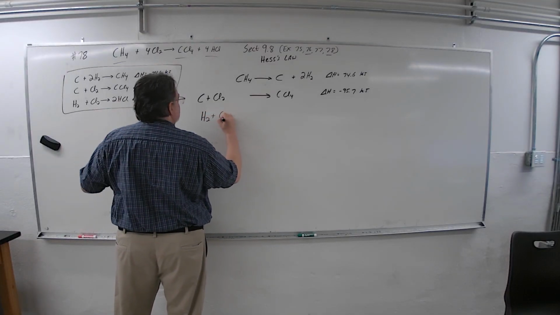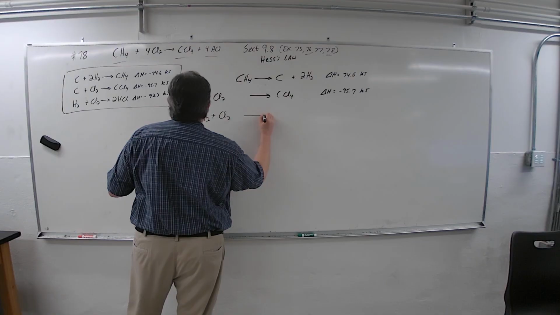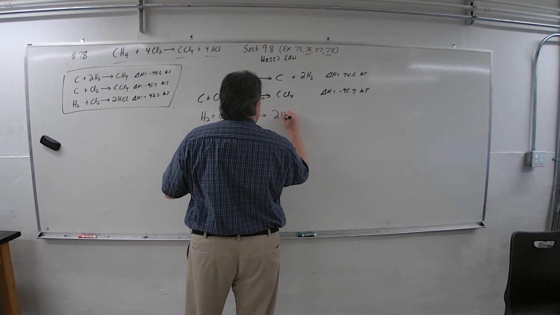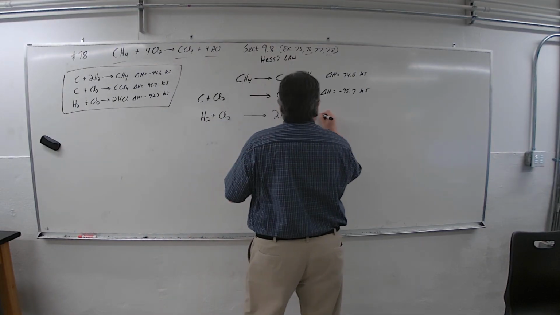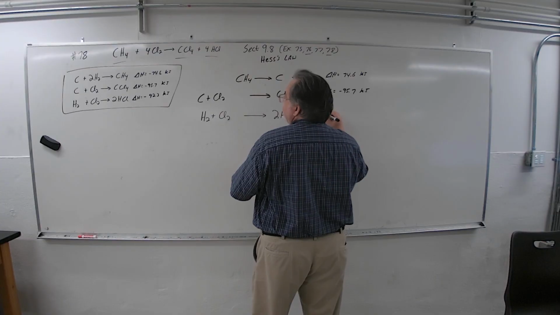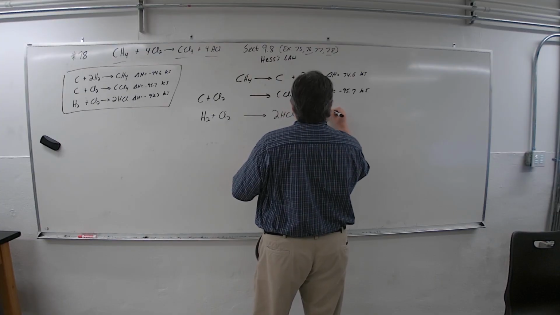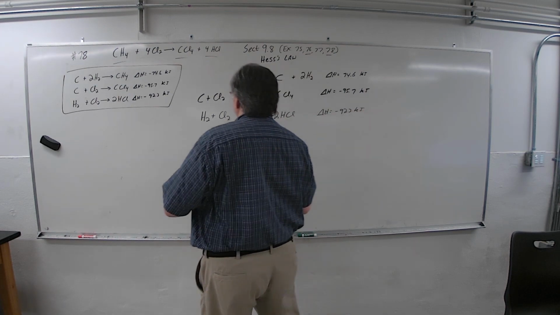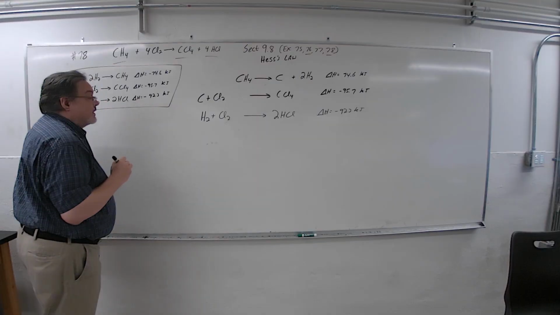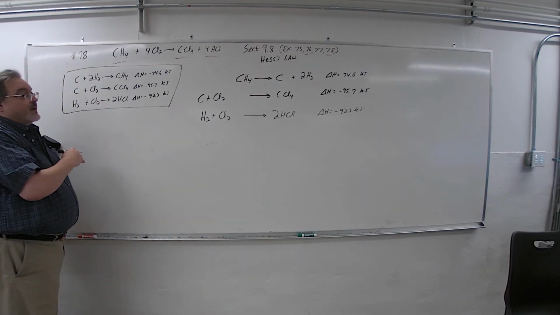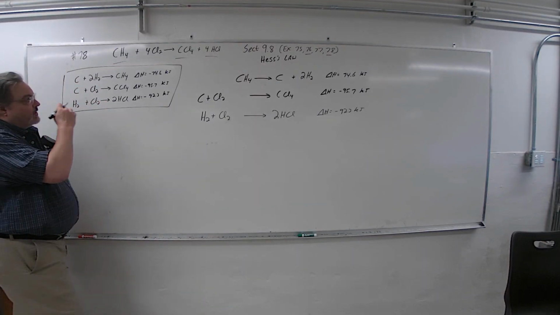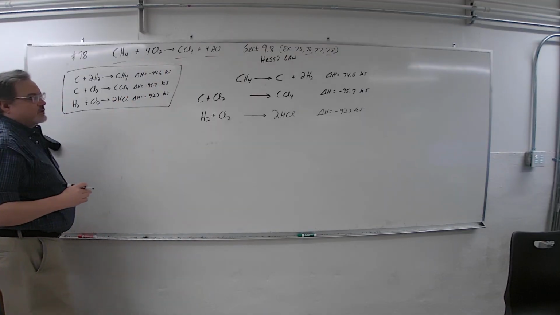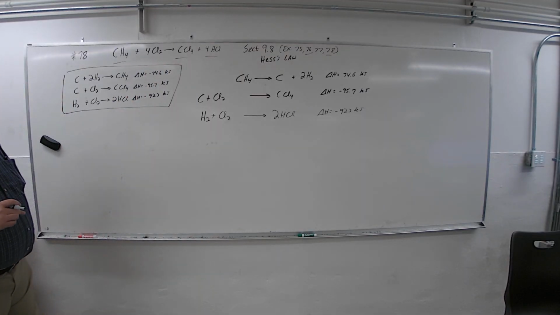H2 plus Cl2 makes 2HCl, and it's delta H equals 92. Okay, so I've used all 3 of them. So we're going to end up being good here. This is just going to fall into place once we do this.